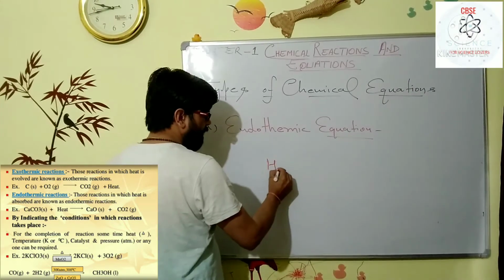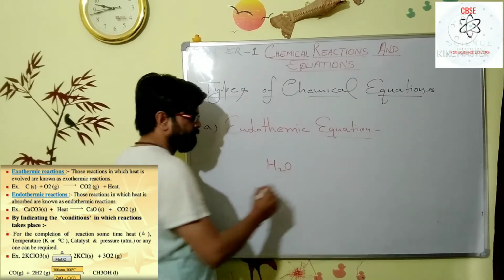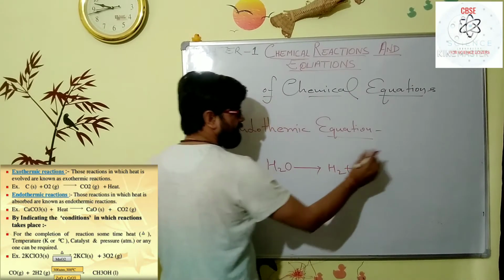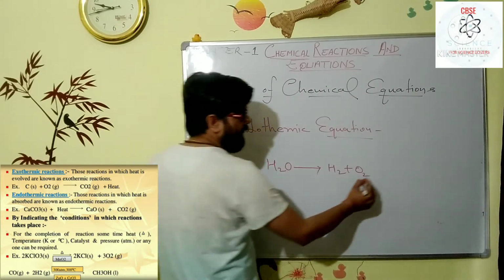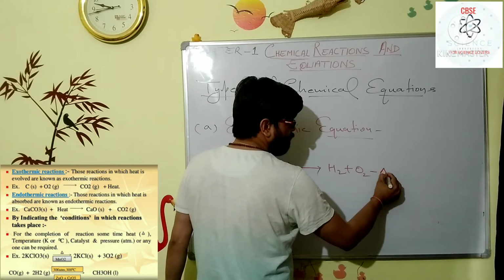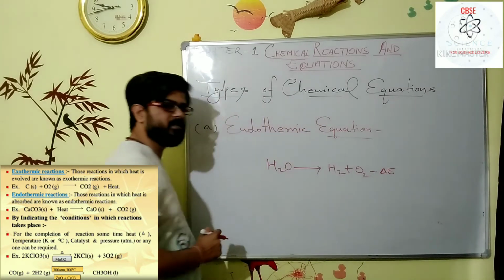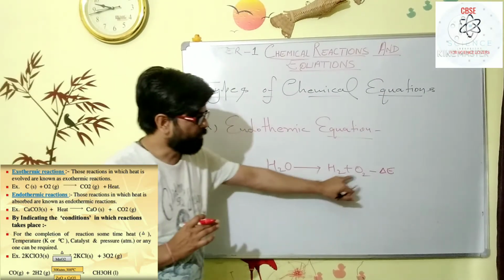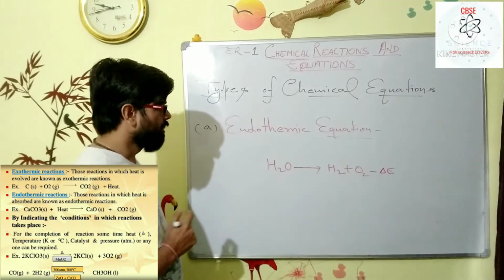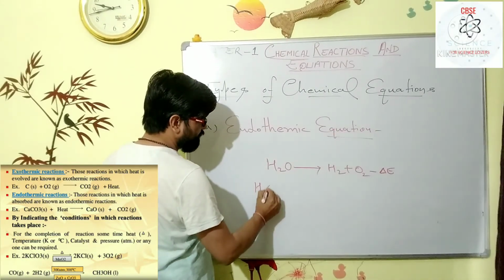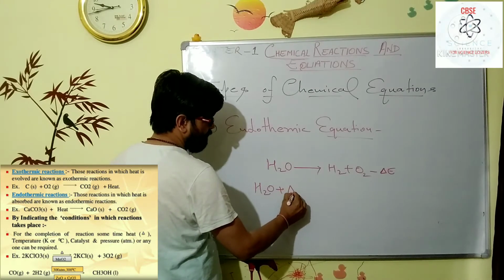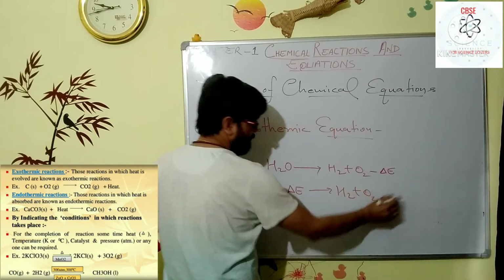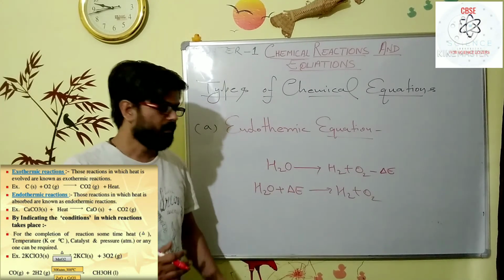For example, if you want to decompose water, then we have to give the energy, and hydrogen and oxygen are released in that decomposition. So we represent this absorption of energy by putting a negative sign towards the product side or by putting a positive sign towards the reactant side like that. So this one is the decomposition of water.